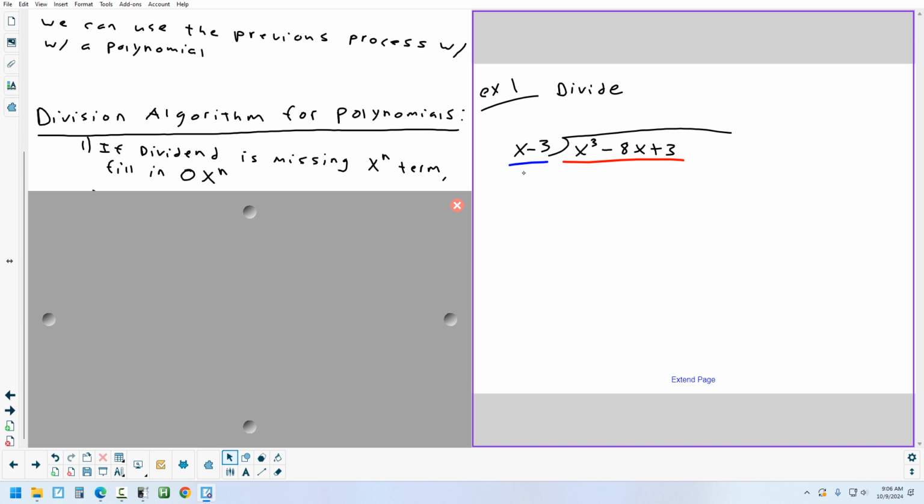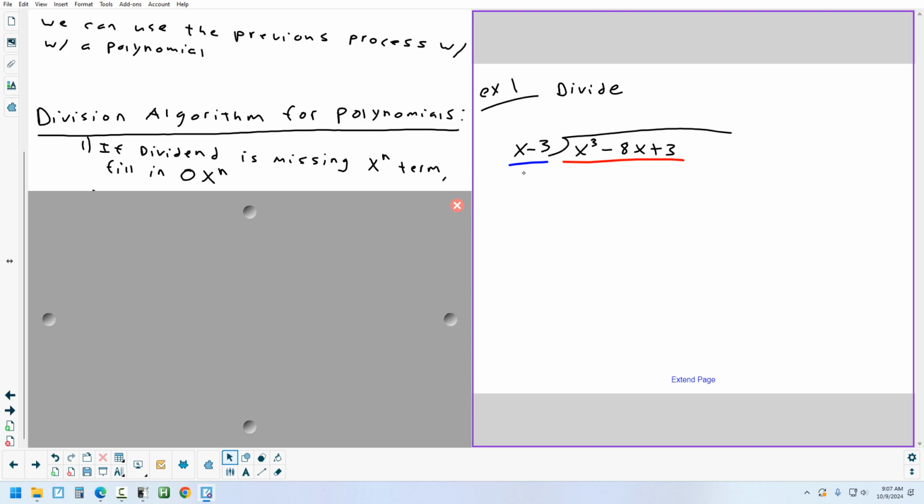And the first thing is, if you are missing any terms, you need to fill in zeros for those terms. And what I mean by missing is, if your highest term is x cubed, you need to have every term from an exponent of 3 all the way down. Exponent of 2, exponent of 1, and then exponent of 0, which is just the constant.